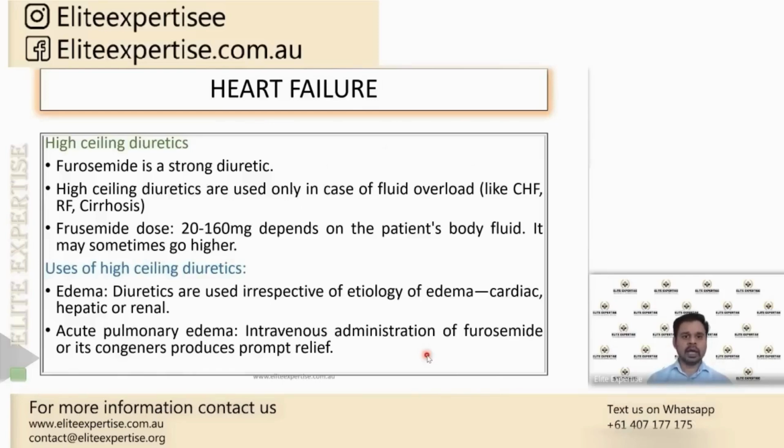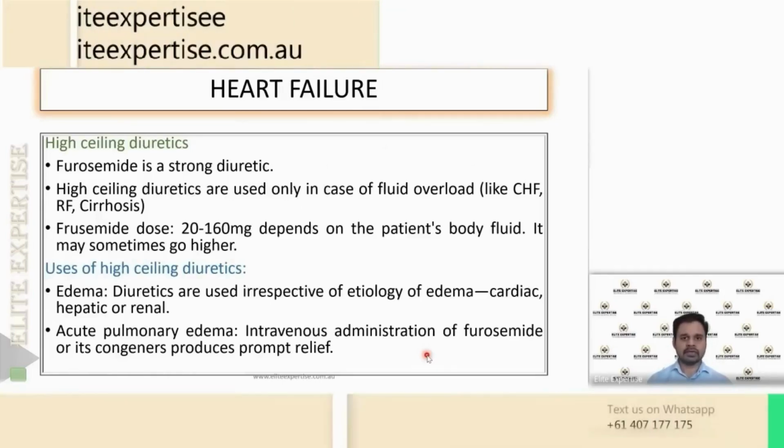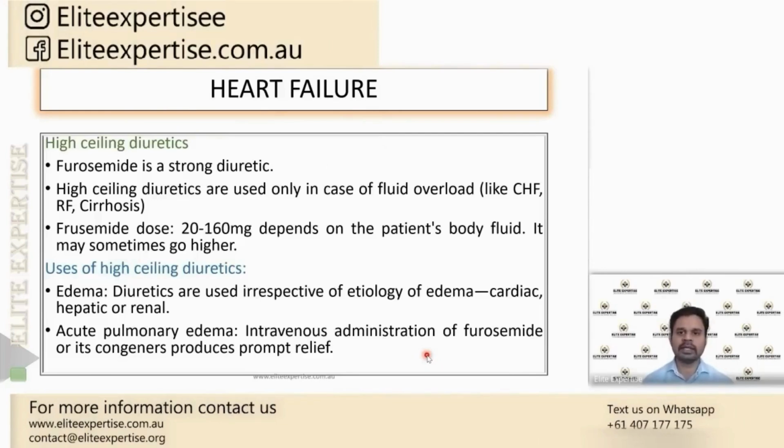High ceiling diuretics like furosemide are to be used only in case of fluid overload. Whenever the patient has congestive heart failure or renal failure, and in hepatic or liver cirrhosis conditions, we need to put the patient on loop diuretics, because loop diuretics will help to remove that excess fluid from the body.